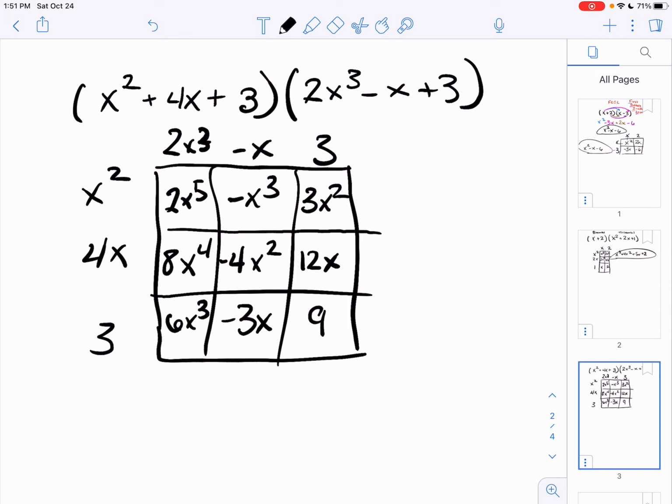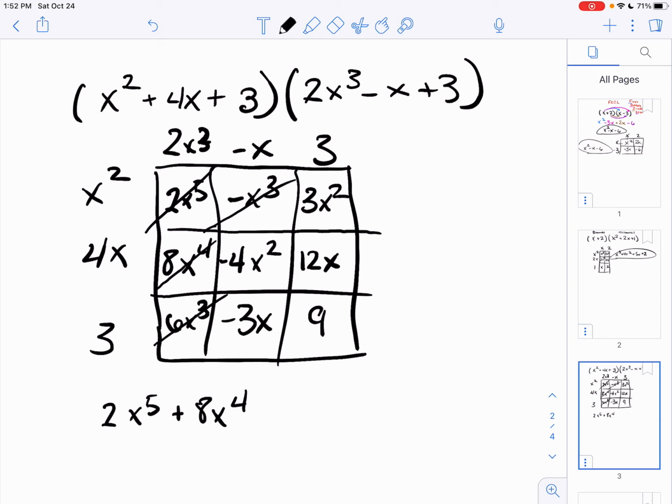So now I'm going to combine my like terms. I have 2x to the fifth. That's the only thing that is to the fifth. So now I have to the fourth. I only have one term that's to the fourth. I have 8x to the fourth. Now my cube terms, I have negative x to the third and 6x to the third.